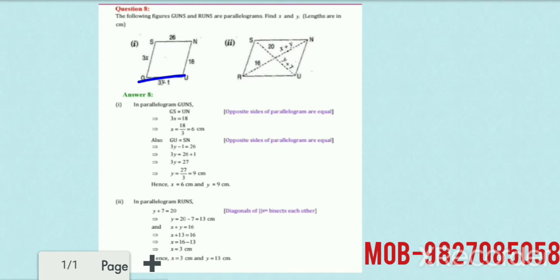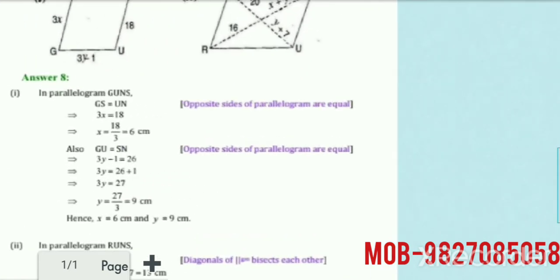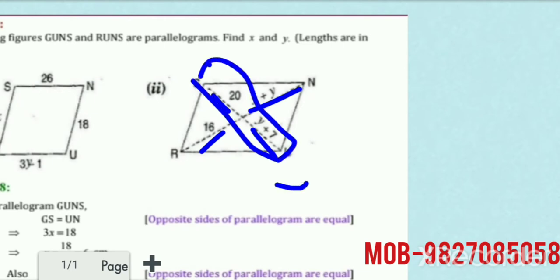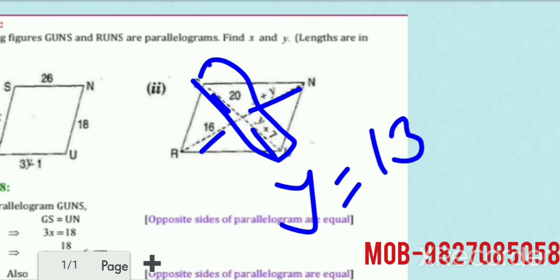Now the second, run. Here we can say that easily x plus y is equal to 16 and y plus 7 is equal to 20. So here we can find the value of y from here. So y is equal to 13, because y plus 7 is equal to 20 and 7 less from 20. So we got the value of y is equal to 13.